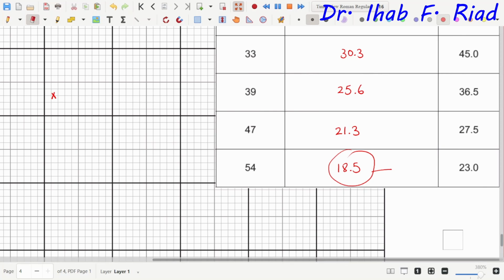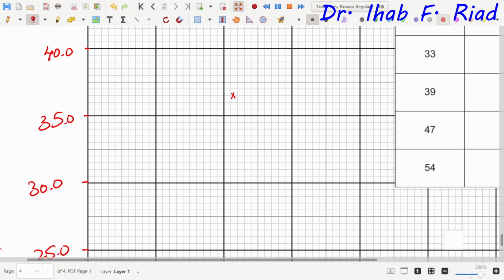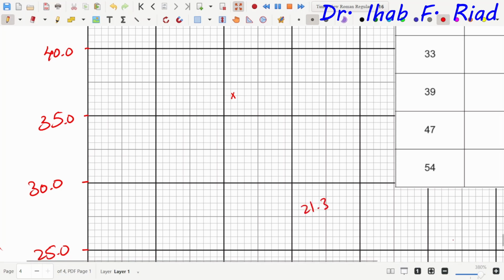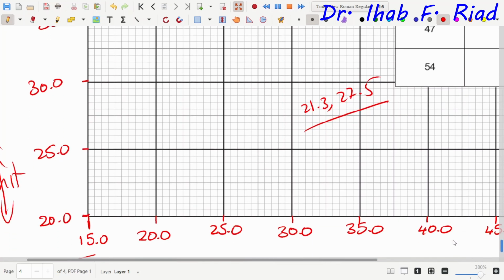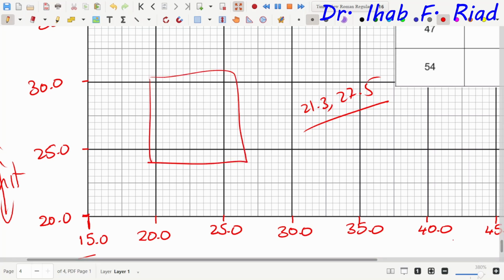21.3 and 27.5. 21.3 and 27.5. So 21 is going to be around here. Okay, 21.3 minus 20 divide 5.